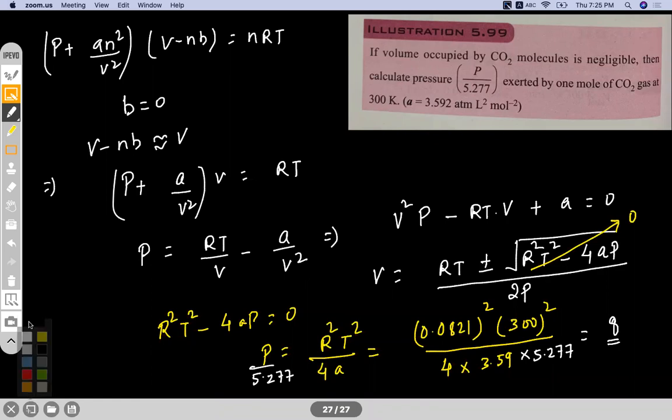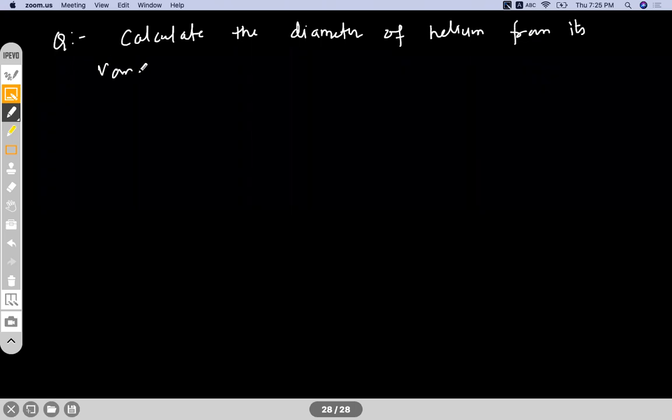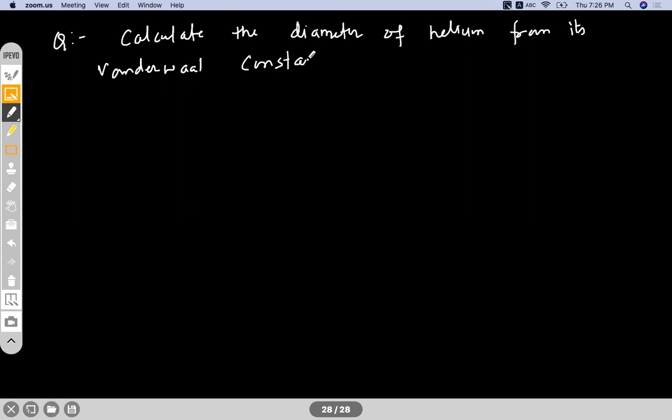Okay, one last question you see. The question is: calculate the diameter of helium from its van der Waals constant B. The value of B is given.